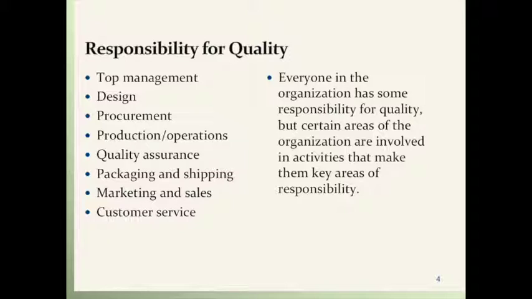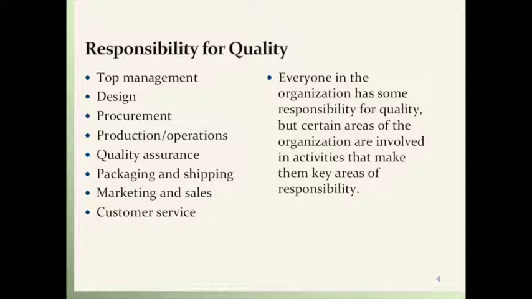Marketing and sales. So the way marketing and sales are involved in quality is they are setting expectations of the customer. They're also giving back to everybody else what the customers are wanting as far as quality. Then customer service. So their role in quality is they're handling the complaints.